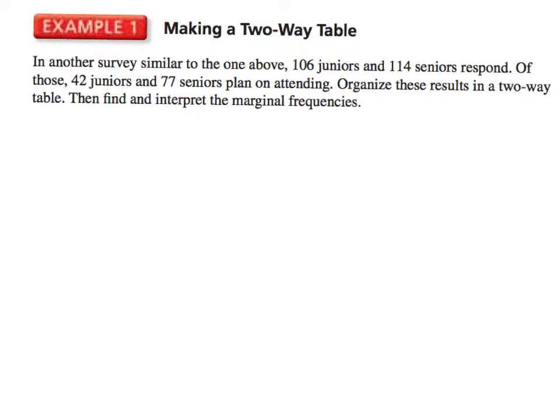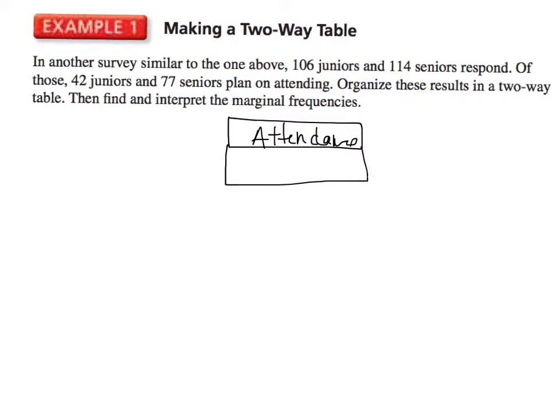So, you would first start off by drawing attendance, your categories, and you could separate that into attending and not attending.